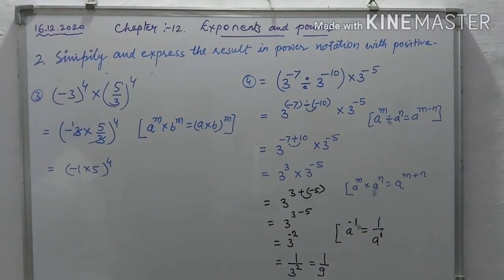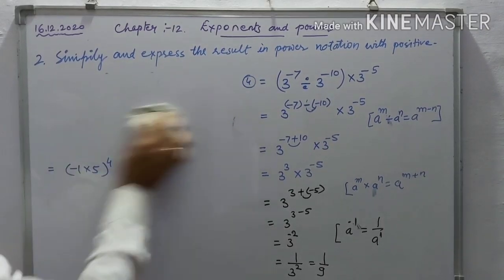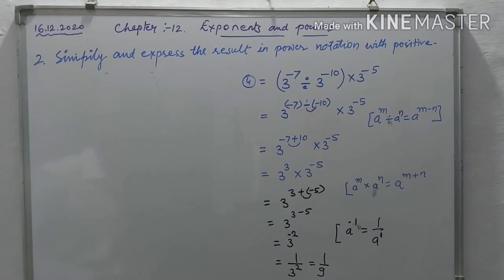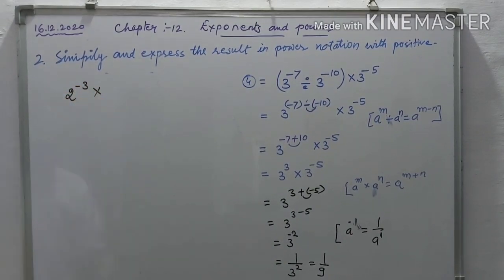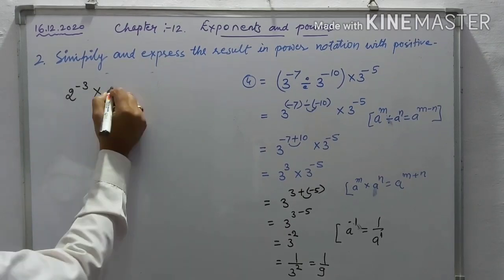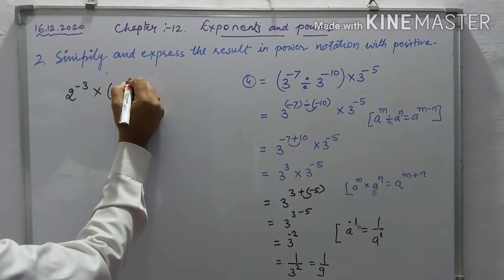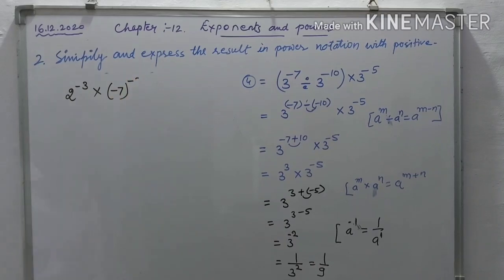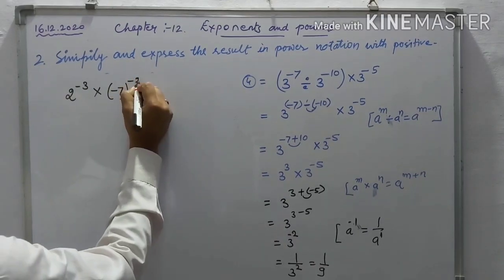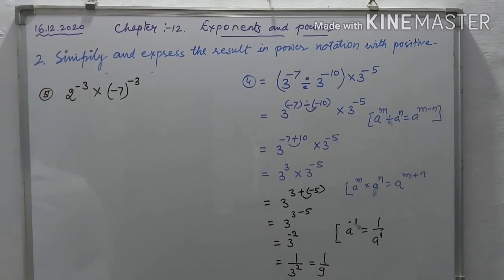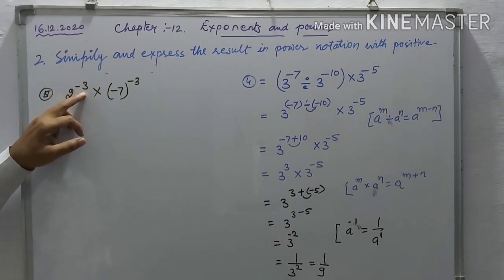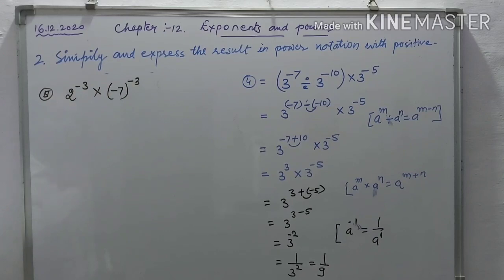Okay, and question number 5: solve 2 power minus 3 into minus 7 power of 3. Here it is 2 power minus 3 and minus 7 power 3.